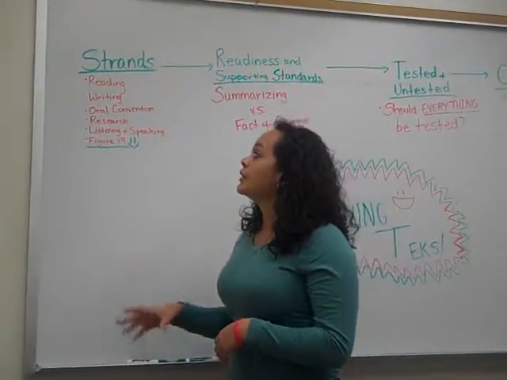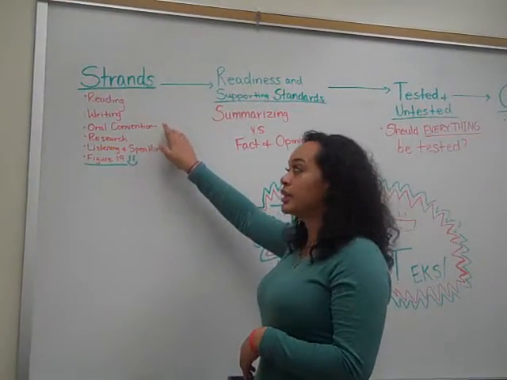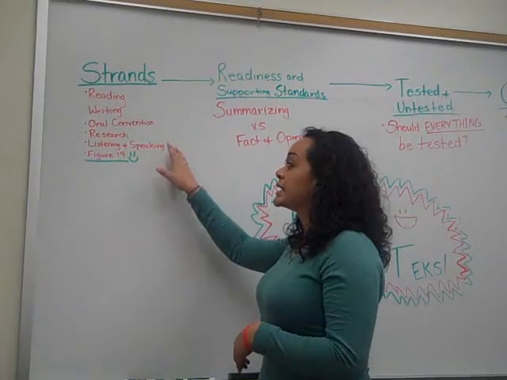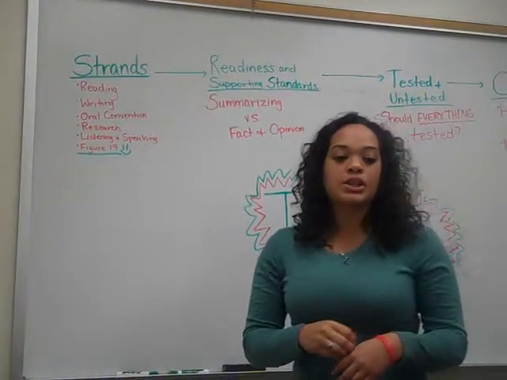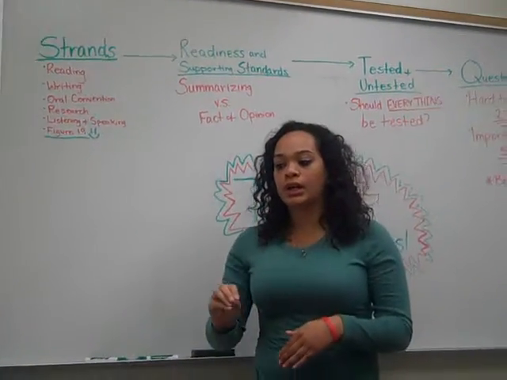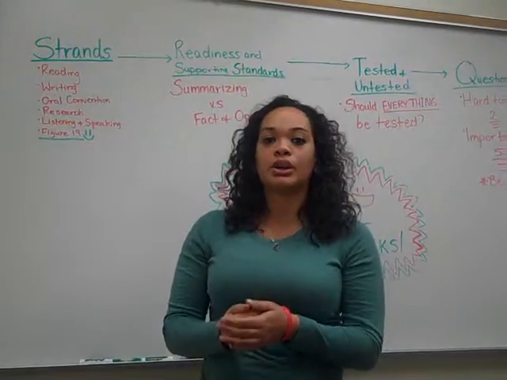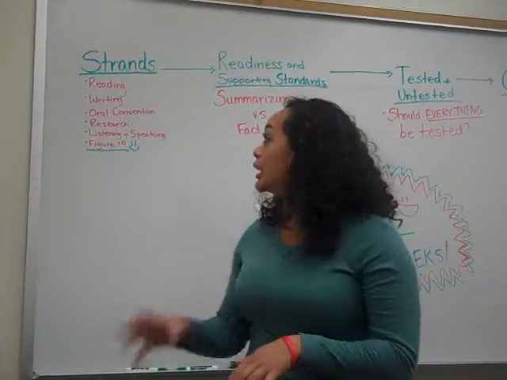So there's 5 strands. There's reading, writing, oral and written conventions, research, listening and speaking, and then figure 19. In reading, we want to make sure that students are where they need to be for comprehending and understanding what's going on in the text that they're reading, whether it's in class or not.